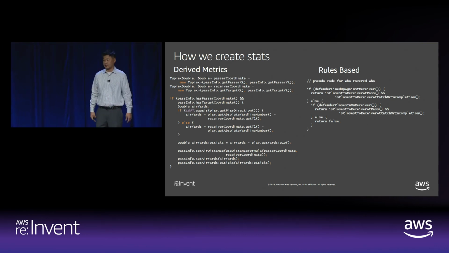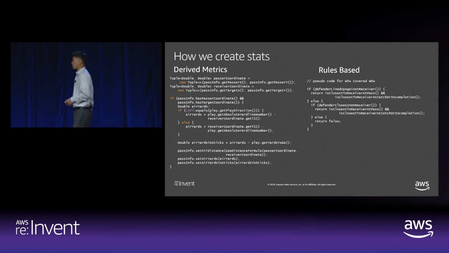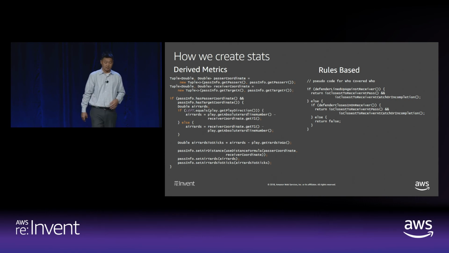Take who covered who, for example. It's a coverage stat saying, if I'm a receiver, which defender covered me on every play? How would you approach solving that kind of a problem using tracking data? You might start off by saying, if I'm the receiver, which defender lined up against me?